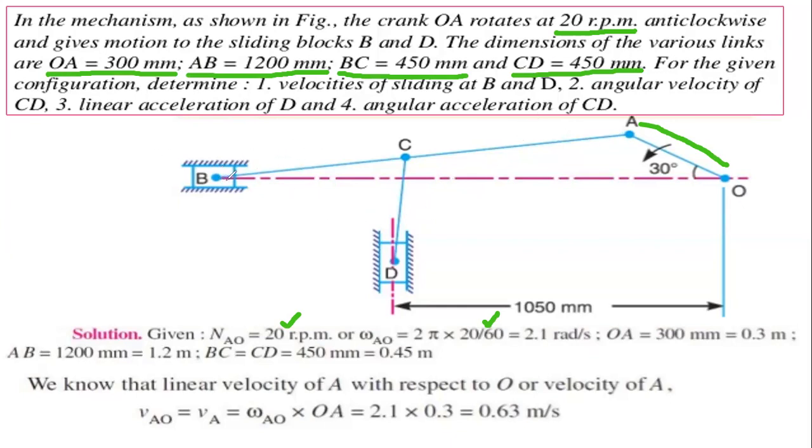BC is an intermediate position on the link BA, with length 450 mm. And CD is the intermediate link to the other slider, also 450 mm. So these are the given data for the question, and we have noted the given data for the figure.